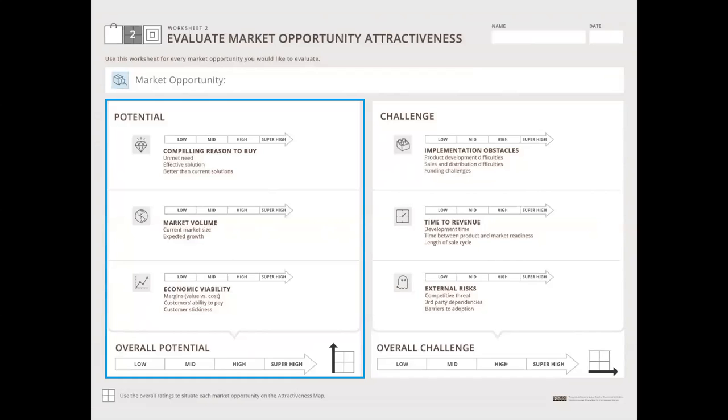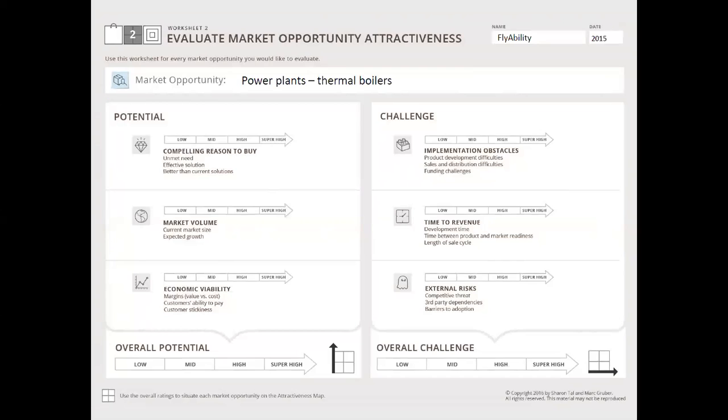Now, if we go back to Flyability, one of the markets that they wanted to learn more about is the inspection of boilers and heaters in thermal power plants. These huge facilities need to be inspected periodically, and it's a long process that requires a long shutdown, and it's actually dangerous to send employees to do that.